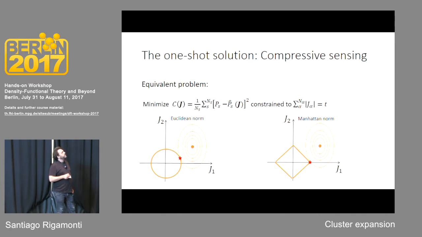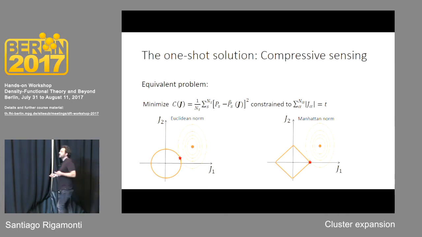And you see that this dot has interactions J1 and J2 that are different from 0. But if instead of the Euclidean norm you use the Manhattan norm, the iso-value of this expression is a square here, then the minimum will automatically give you the value for the interaction J2 exactly equal to 0 and some finite value for J1.